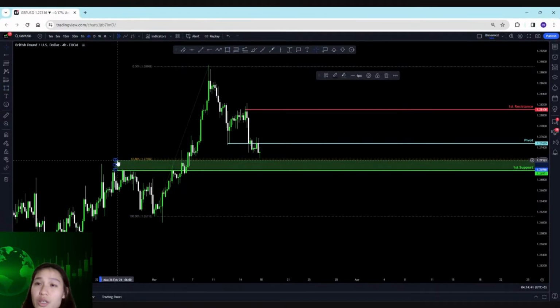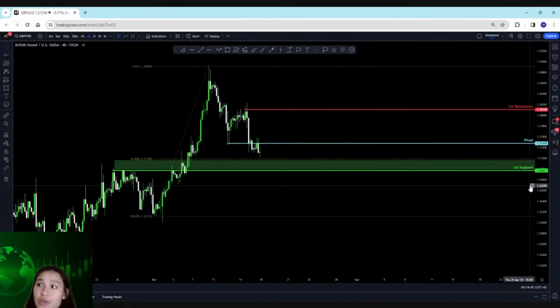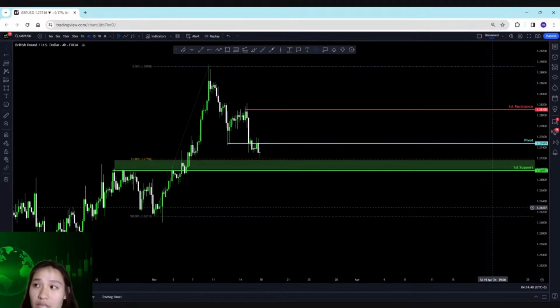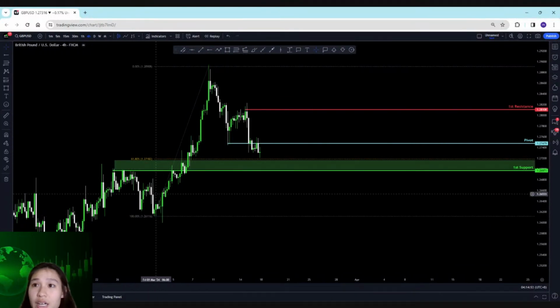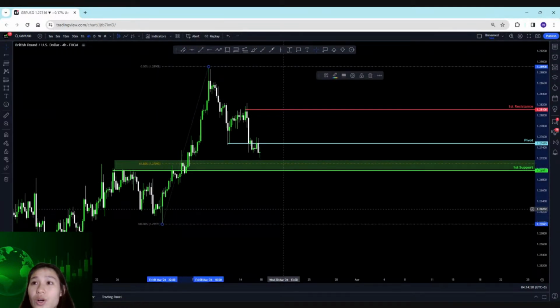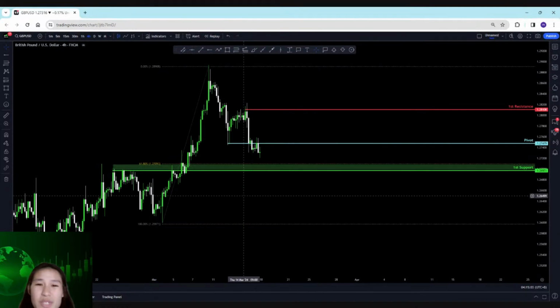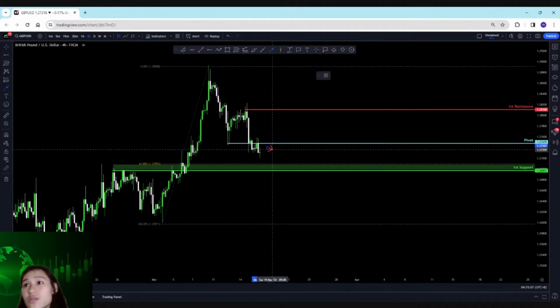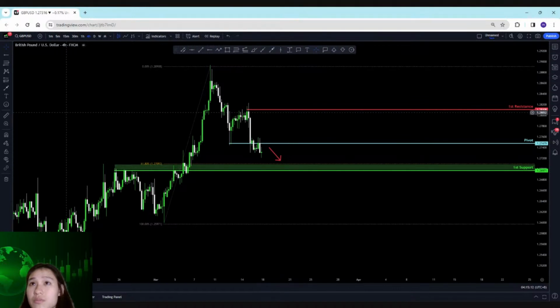When you're looking for Fibonacci levels, it doesn't have to line up exactly with your horizontal levels, like your resistance or support levels, just as long as they are kind of near the levels, that's good enough, because we are looking for confluence areas more so than specific levels. So we'll see price continue in this downtrend here.